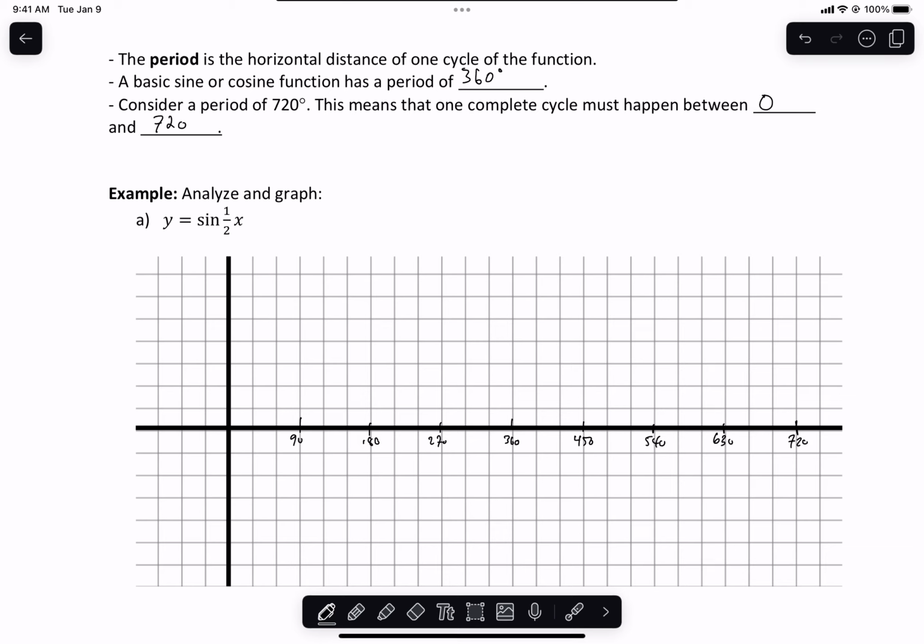It's perfect. Okay, so we're going to graph y equals sine x, 2 cycles, and we're going to see what happens. Oh, we got to put the y-axis on too.